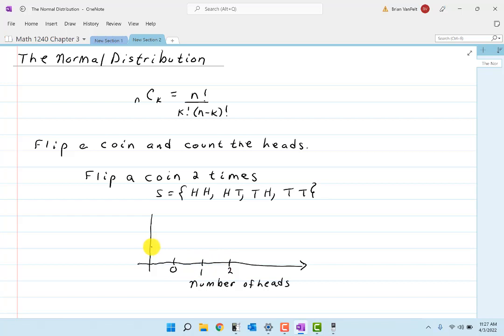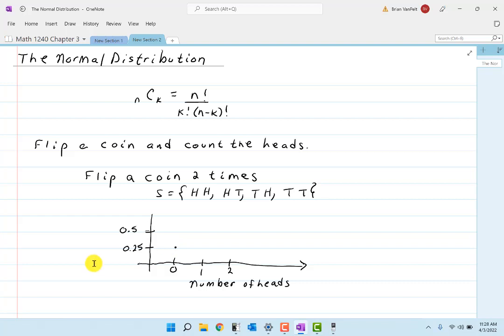Now what are the probabilities? I'm going to label them as 0.25. It'll probably be easier to do decimals here, and 0.5. So having 0 heads means it's 2 tails, and there's only one place out of 4 where that happens. So the probability of 0 heads is 0.25.